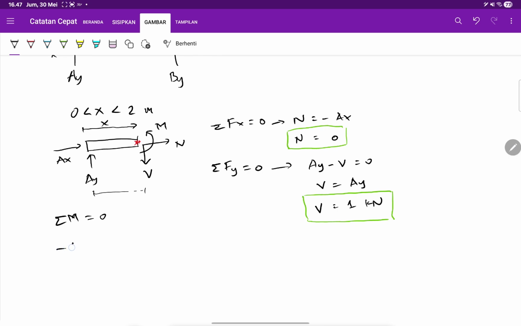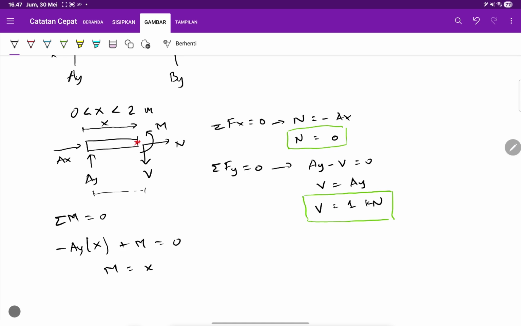So it's minus AY times, it's not 2 meters, but X meters, because it depends on the location of X. So the sectioning location becomes a variable now, right? And then plus M, where M is counterclockwise with respect to the sectioning point, equals 0. It means your M will be AY times X, and since AY is 1, M will be X.